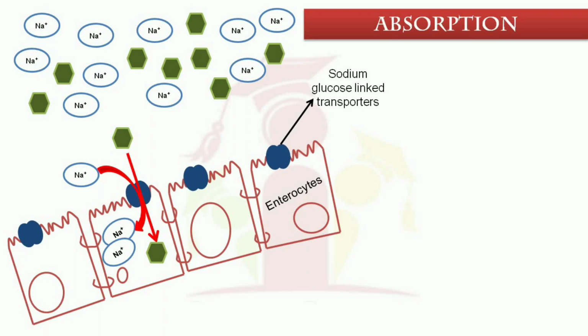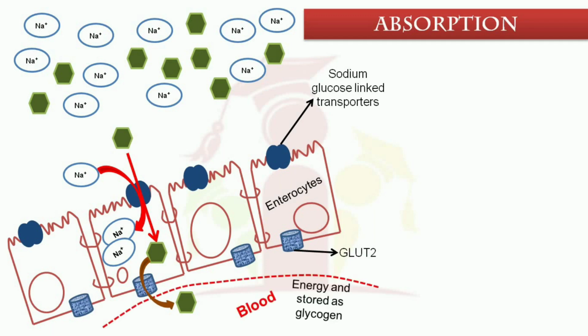For every 1 glucose unit, 2 sodium units enter the enterocytes. Then on the basal side, as we have the sodium glucose linked transporters on the apical side, we have GLUT2 receptors, which further transfer the glucose units into the blood, and from here it is used as an energy source and stored as glycogen.